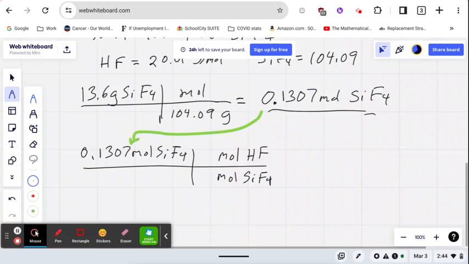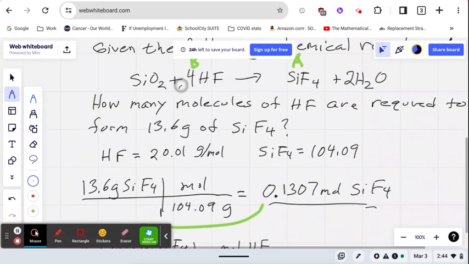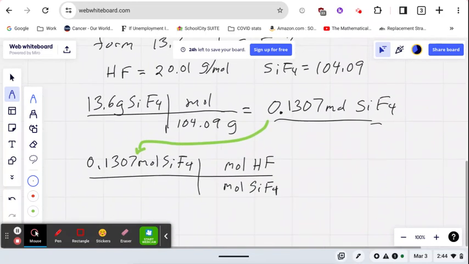The coefficient for HF in the equation is a 4, and for SiF4 there is no coefficient, so it's a 1. So I'm going to put a 4 here and a 1 here.